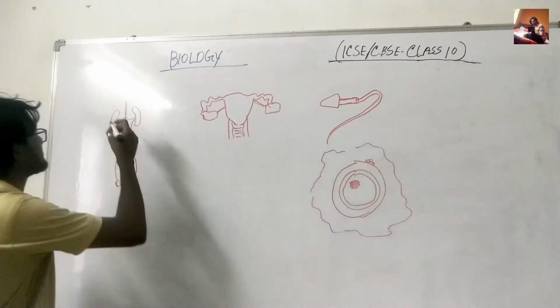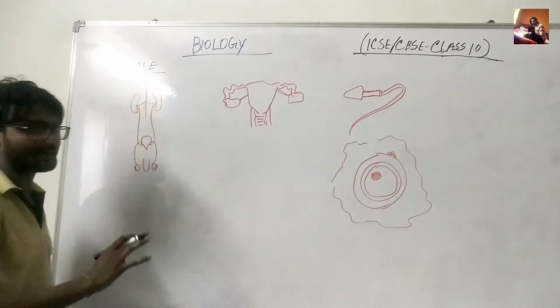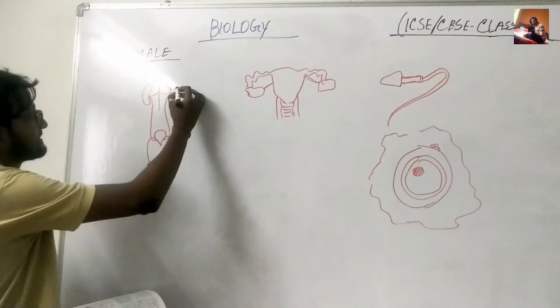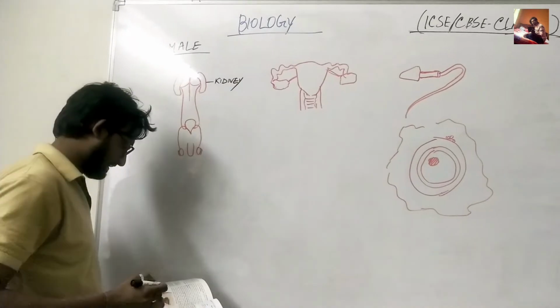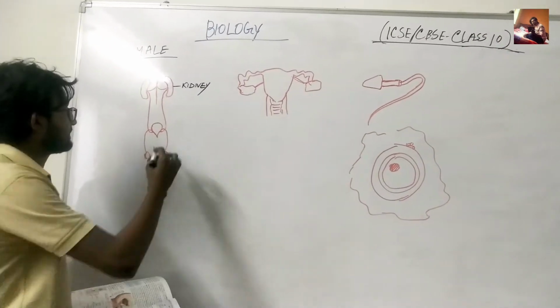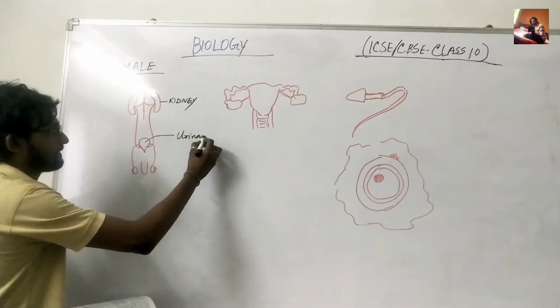So here is the male reproductive system, a simplistic diagram. This is basically the kidney of a male. Now coming to the other accessory organs, this is the urinary bladder.